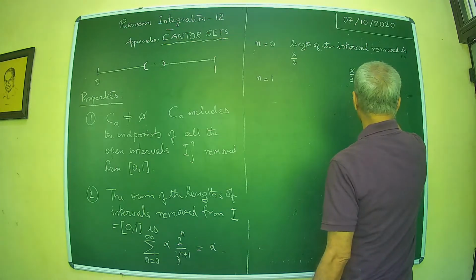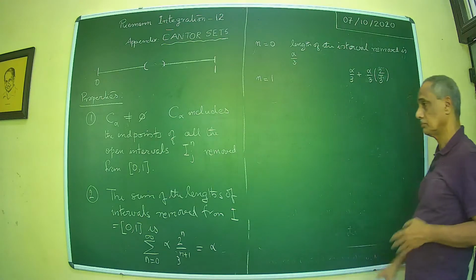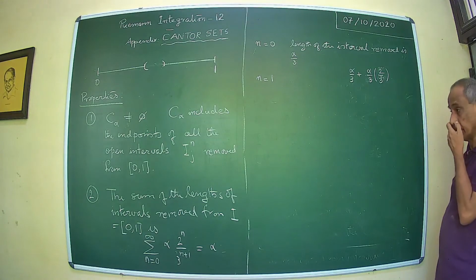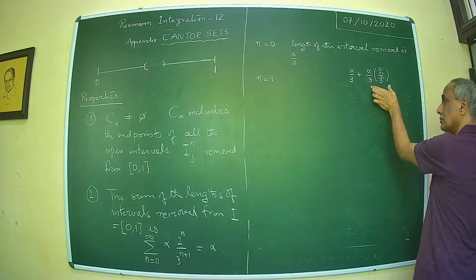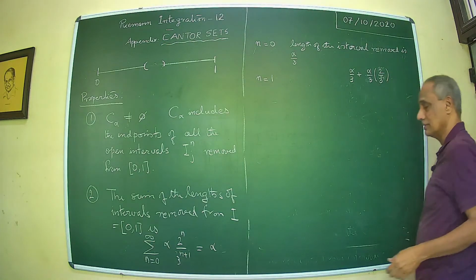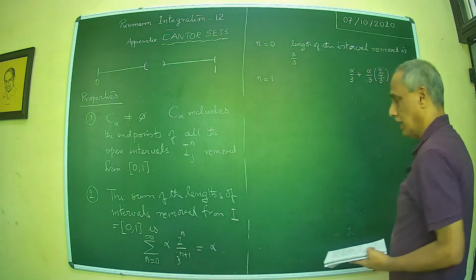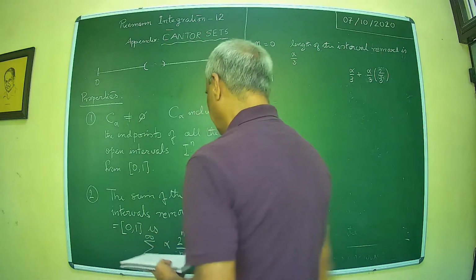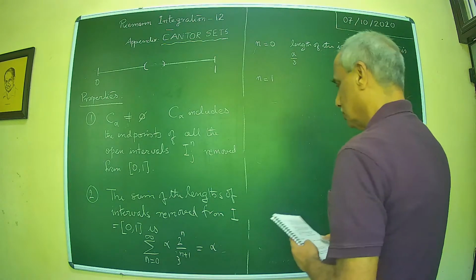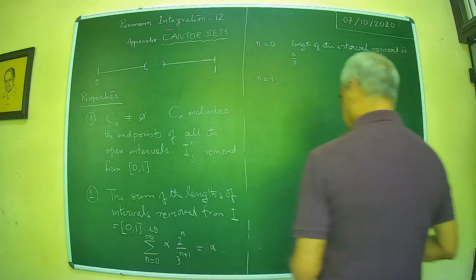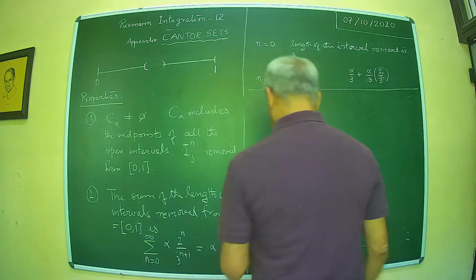So this one already removed an alpha by 3 as a first stage, and then you remove this. And then you keep on removing the steps at each stage. So that's how you get this eventually. And this is a convergent infinite series, and you can easily show that the sum is actually equal to alpha. Okay, so that's simple. Right. These are the main stages.